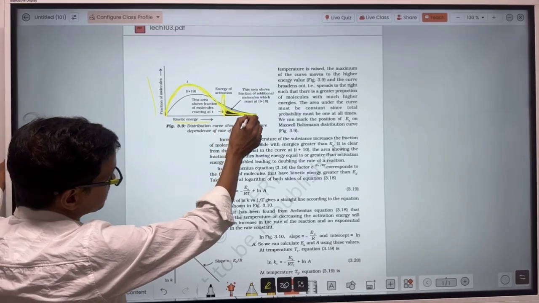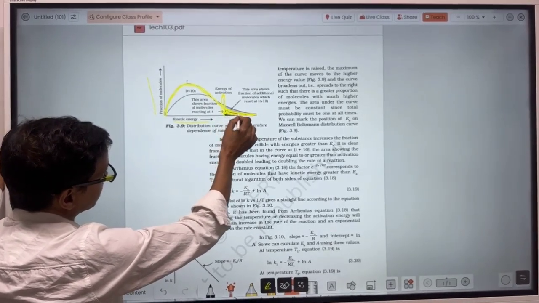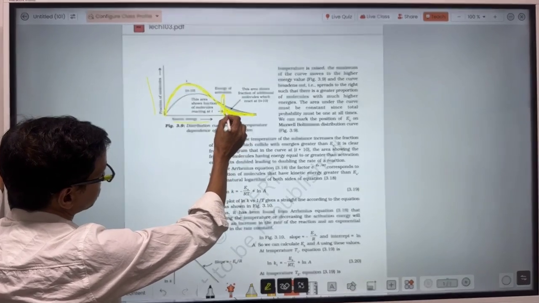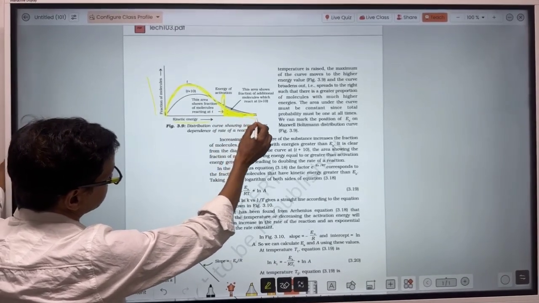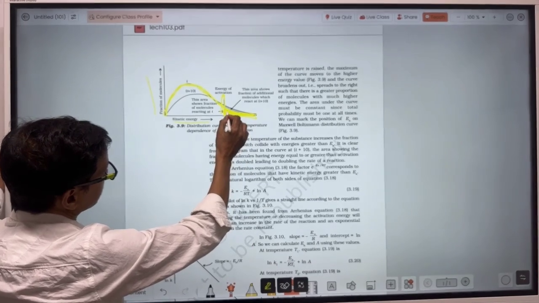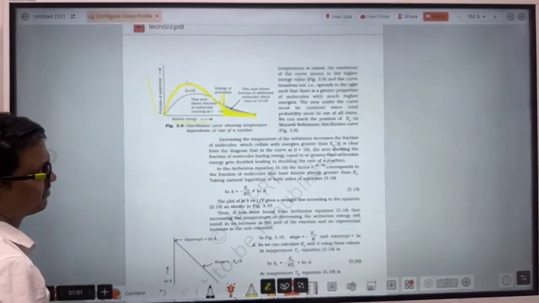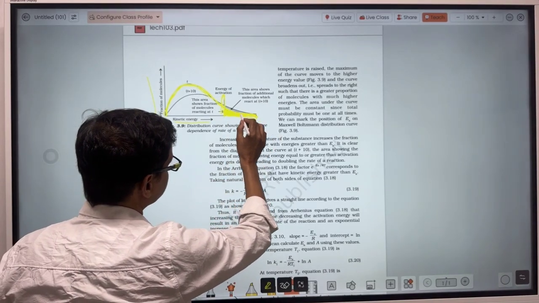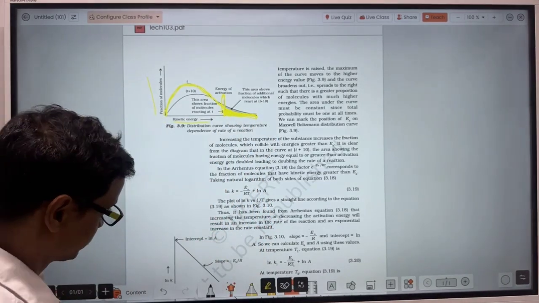This area represents the molecules having energy greater than activation energy.